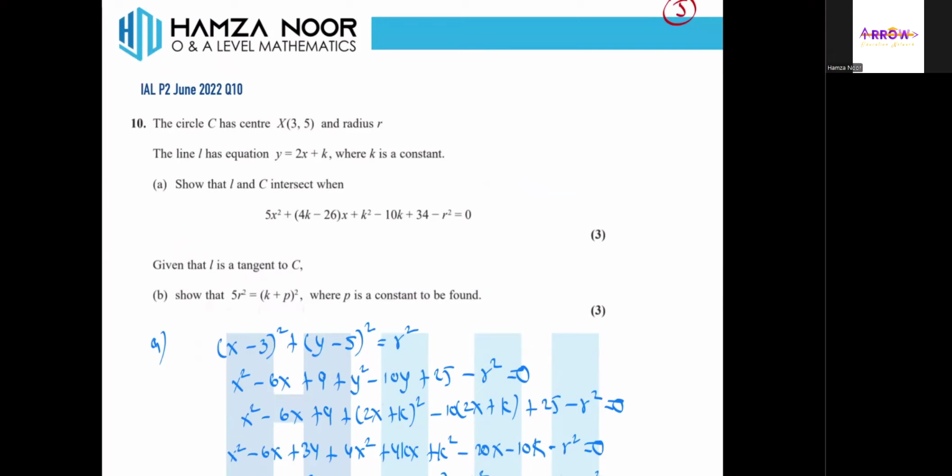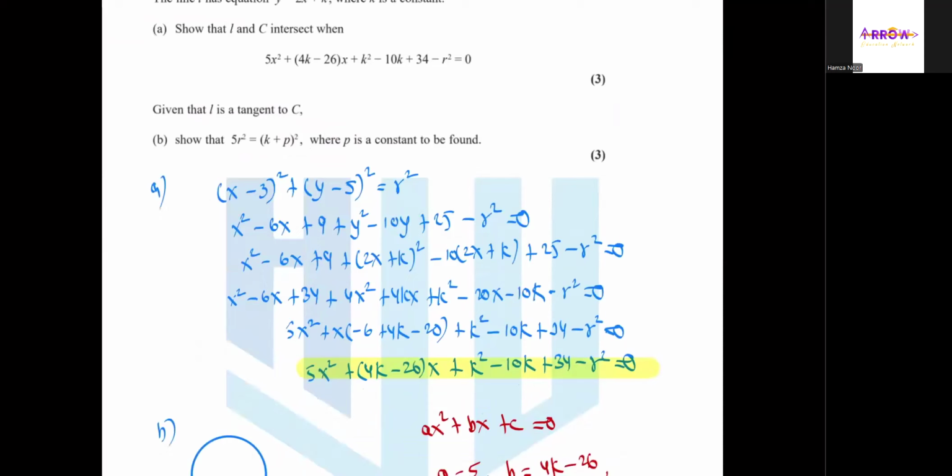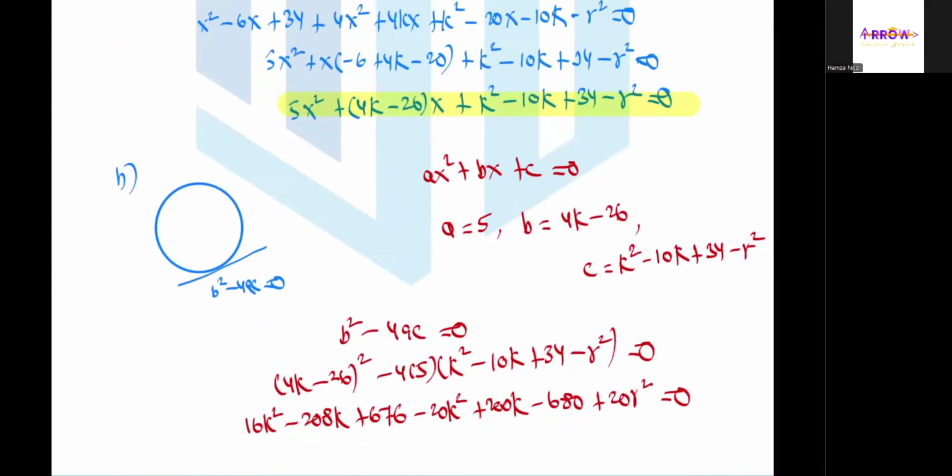So when the line is a tangent to the circle, we have substituted the equation of the line into the equation of the circle so that we are able to produce a quadratic equation in this form, in which the nature of the roots will be real and equal. b² - 4ac will be equal to 0, because there is only one point where the line and the circle meet. So this is basically the whole idea.